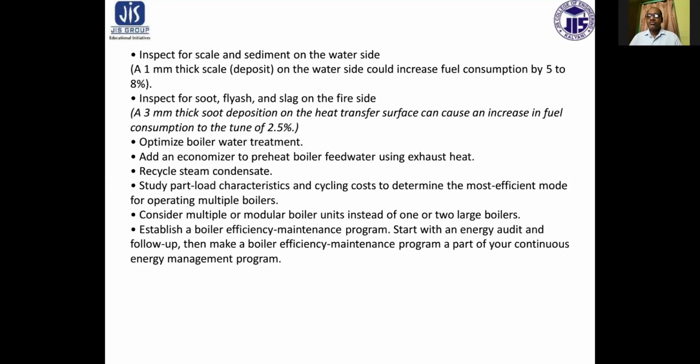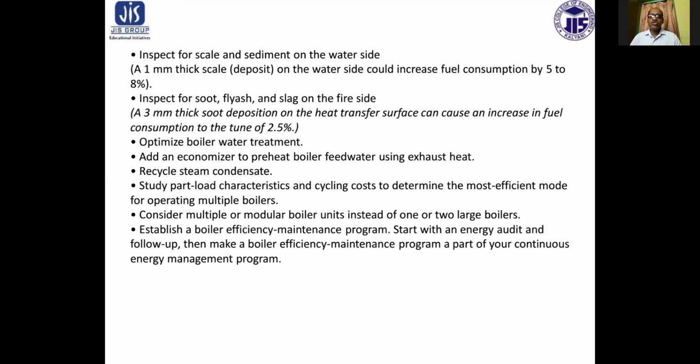This will cause extra heat that we need to send into the burner or the fuel combustion chamber. So it indicates that a 1 millimeter thick scale on the water side would increase fuel consumption by 5 to 8%. So a continuous blowdown process is there to remove the sediment of the feed water in the boiler.